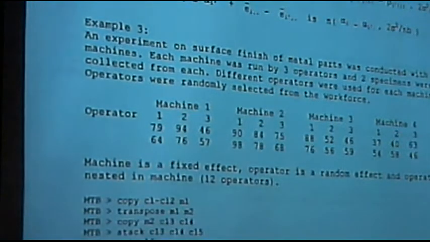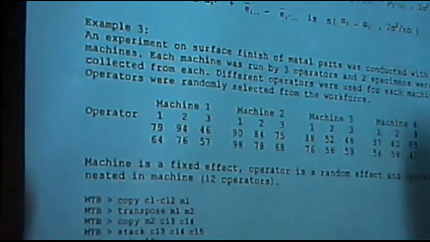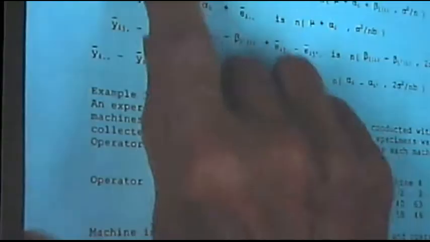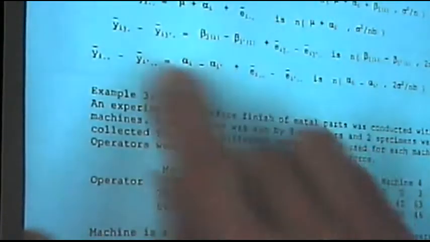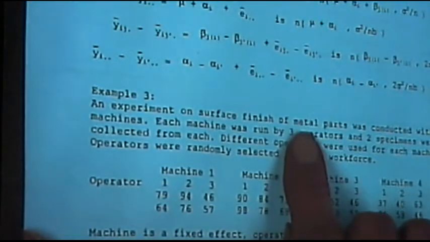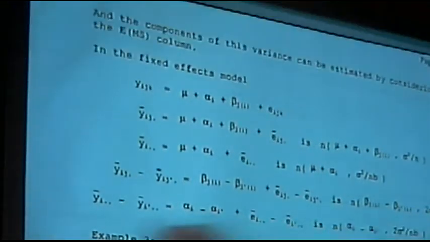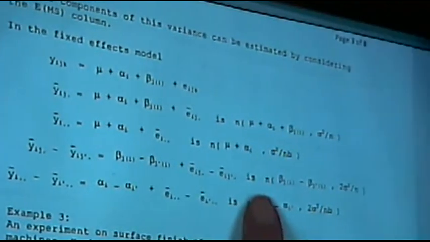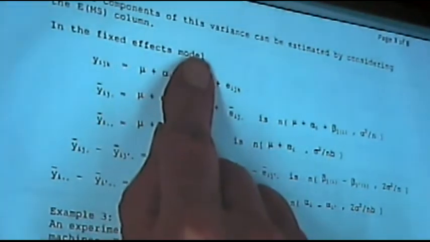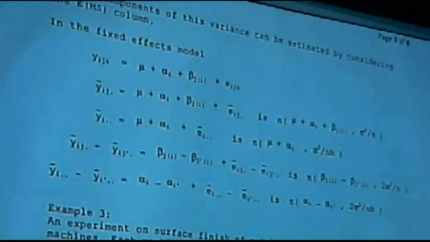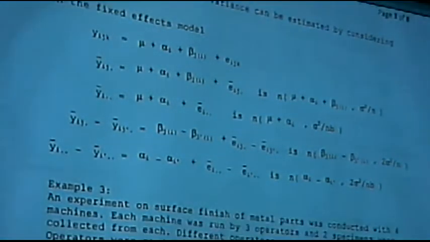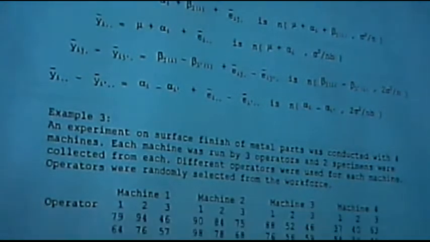And then it goes on to say, well, you can estimate those by considering the expected mean square column. All right. So then the handout goes on and says, in the fixed effects model, these are a bunch of equations. And it gives the distribution of these kind of differences of means. Now, these results here are applying to the fixed effects model, right?